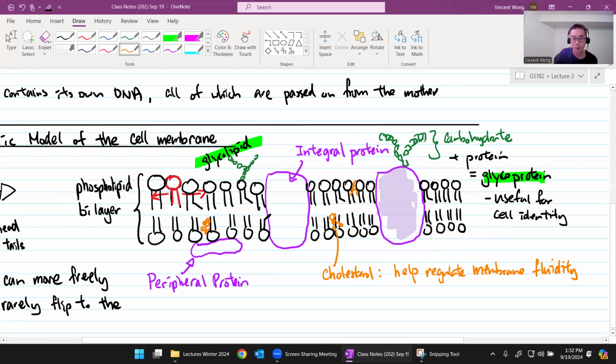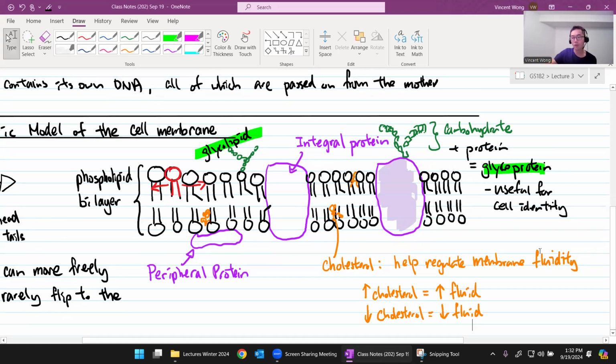So cholesterol helps regulate the membrane fluidity. Specifically, if you have more cholesterol, then it's going to be more fluid. If you have less cholesterol in the membrane, then it's going to be less fluid.